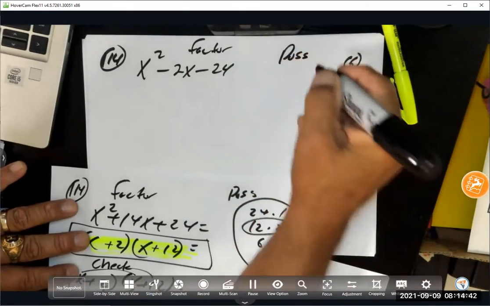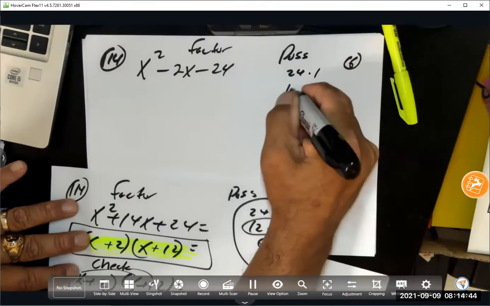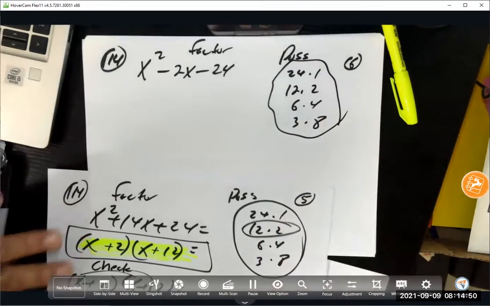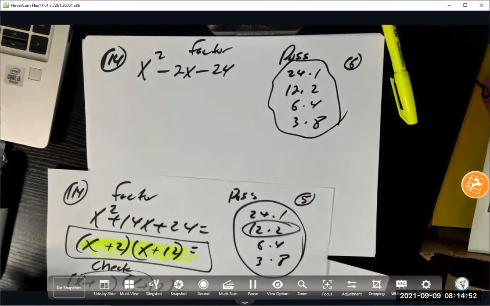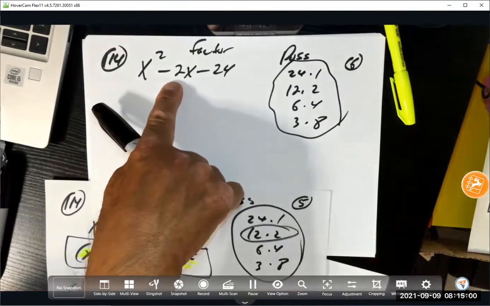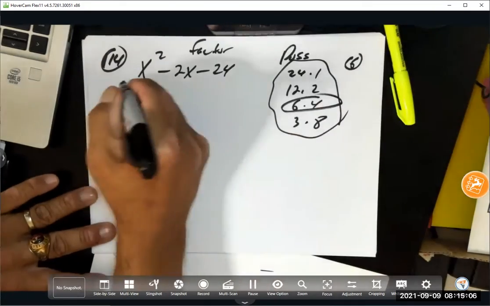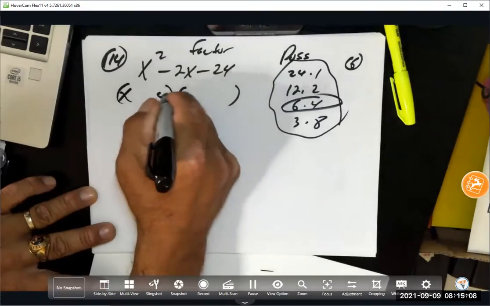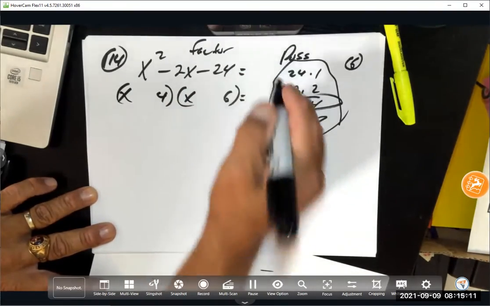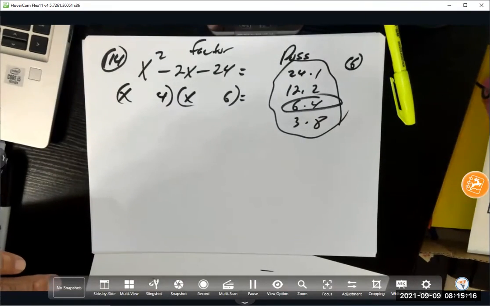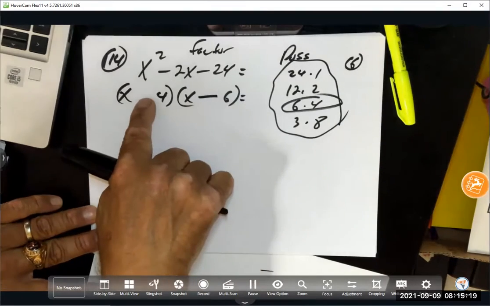Possible numbers are 24 times 1, 12 times 2, 6 times 4, 3 times 8. All these numbers multiply to 24. But which of those gives you -2? 6 and 4. Okay, let's go with 6 and 4. Always put the little number first, then the big number. There's a minus in the middle. Where do you think the minus should go? With the 6, yes, right here. And then the other one, what do you think this should be?